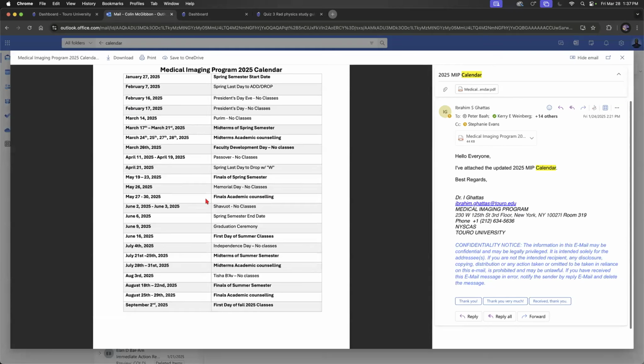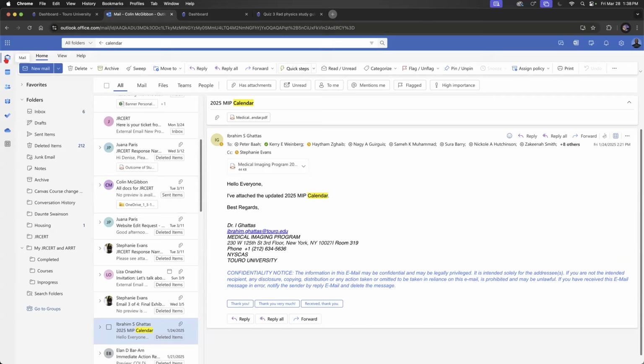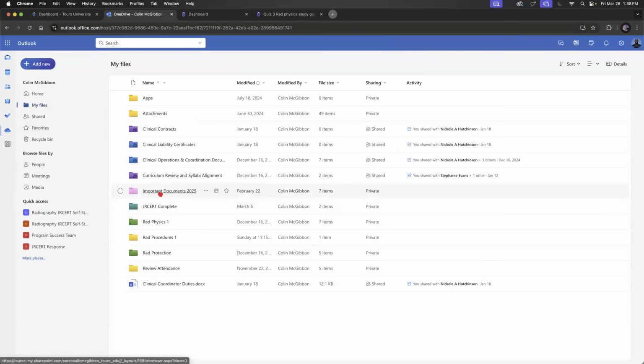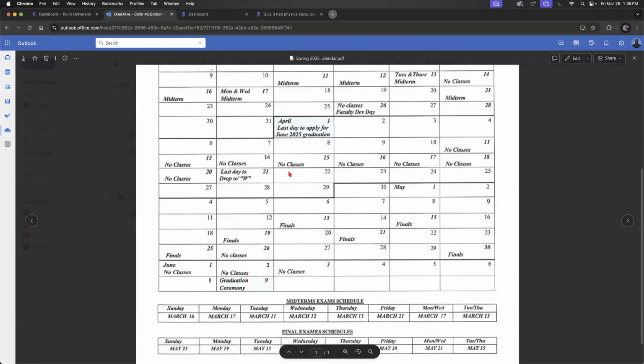That one just shows that finals are May 19th to the 23rd. It doesn't show that it's also, I think, Monday and Friday for next week. All right, so May 19th to 23rd, right? Let's see if we can find the exact same one over here and if it says the same thing. I'm pretty sure it does, because Dr. Gattis does not make these mistakes. May 19th to the 23rd.